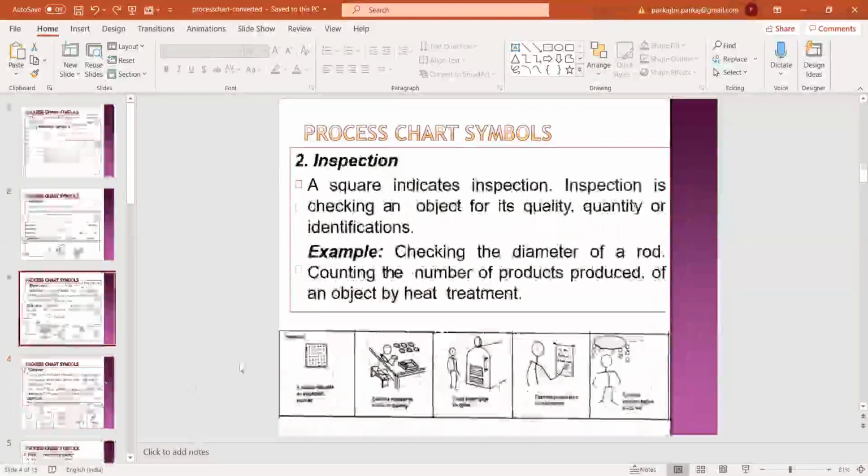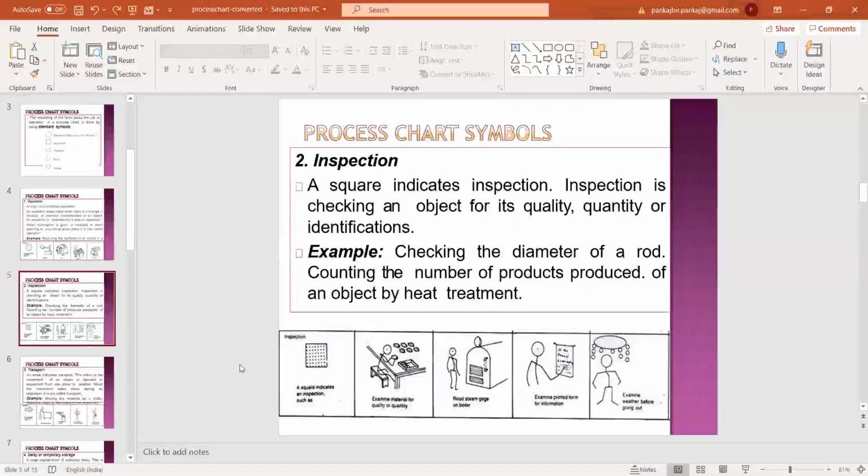The second symbol we use is a square for inspection. So the square represents the examination or checking of quality or quantity of a product. For example, if we check the diameter of a rod, or check whether the paint on the surface is dried or not, it comes under inspection.